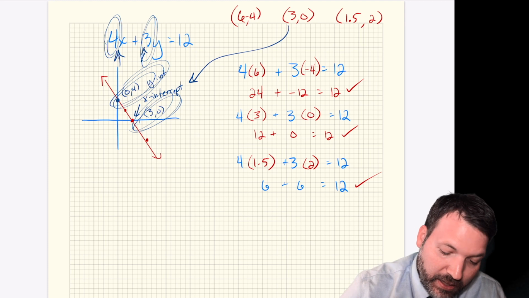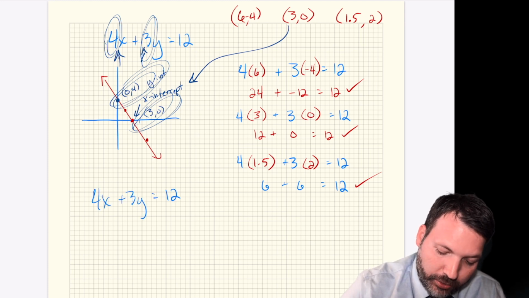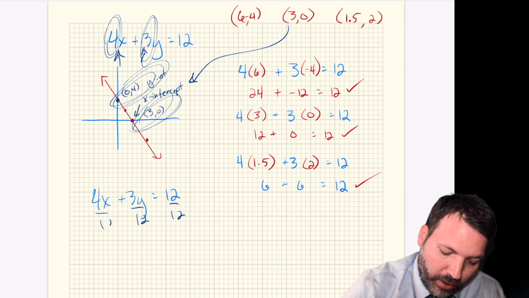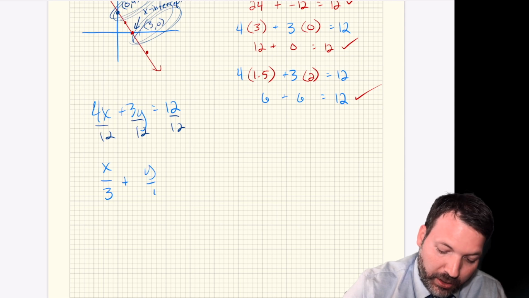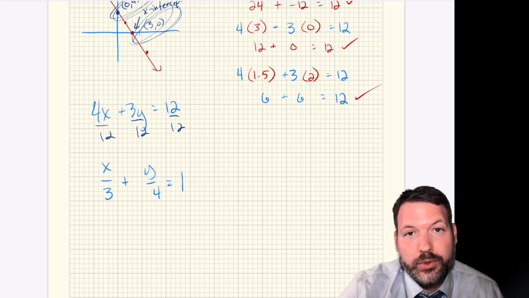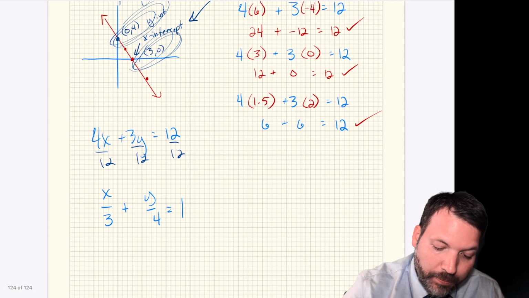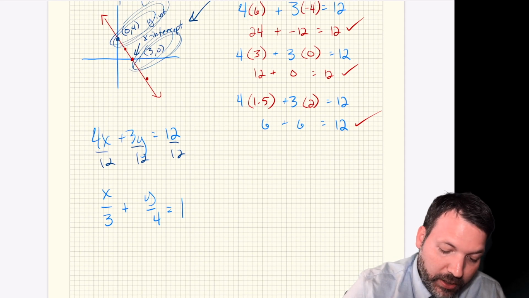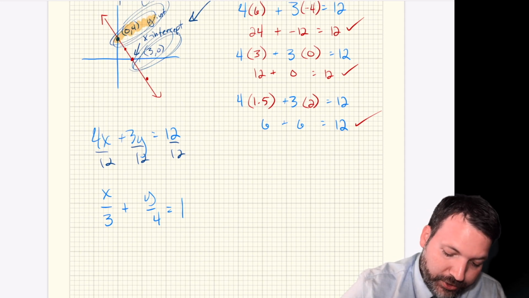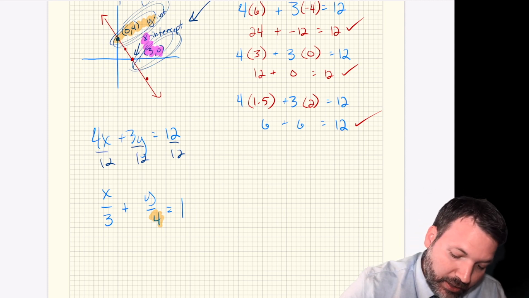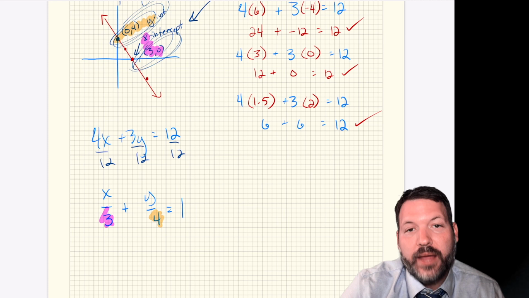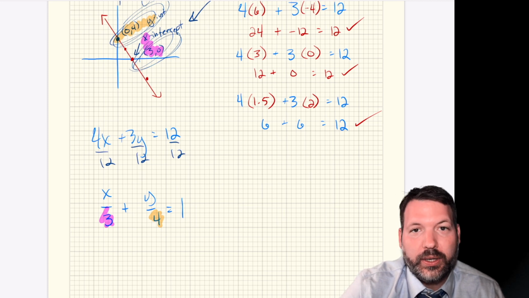If I had used the normalized form that I showed you, where we divide everything by 12 to get a 1 on this side, we end up with x over 3 plus y over 4 equals 1. And then what we want associated works out. The y-intercept gets associated with 4. The x-intercept gets associated with 3. And that's not a coincidence. That's going to happen no matter what.